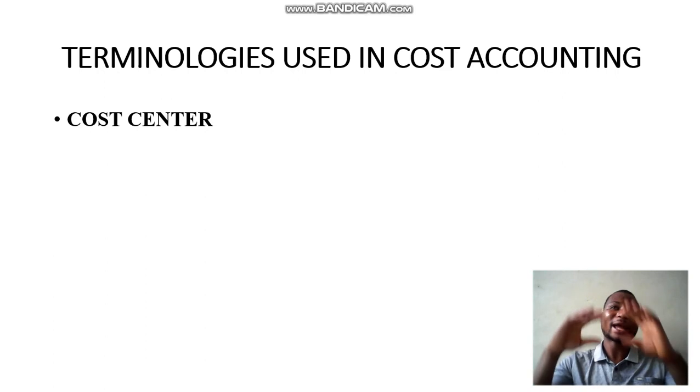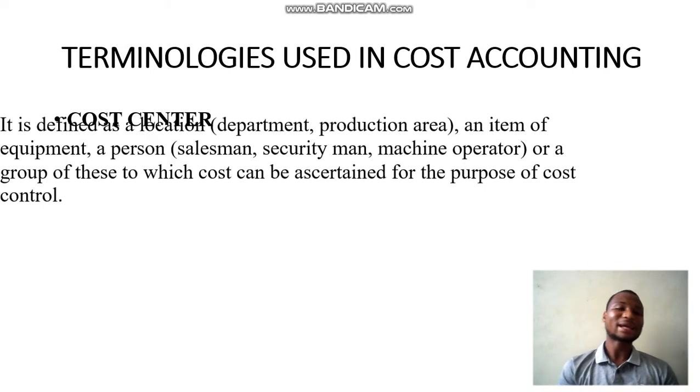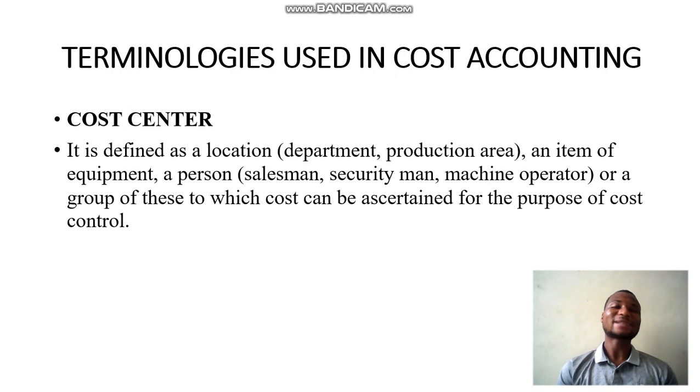If it is a department where a cost is incurred, therefore we can get cost from there, we say that department is a cost center. If it is an equipment that is generating cost, such equipment is seen as a cost center.